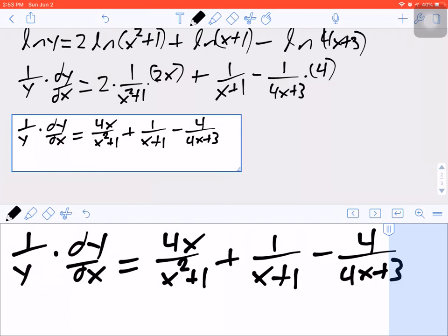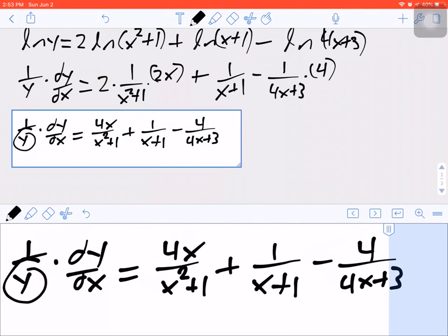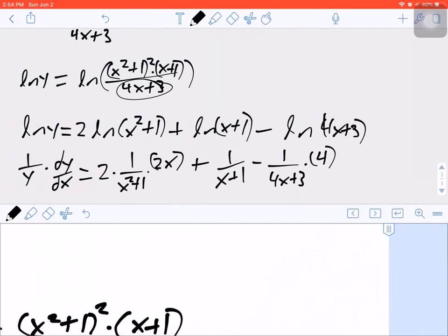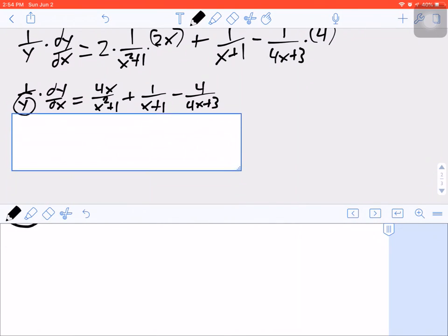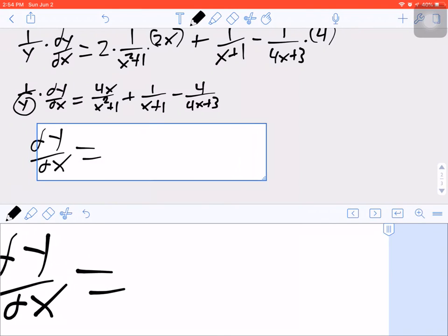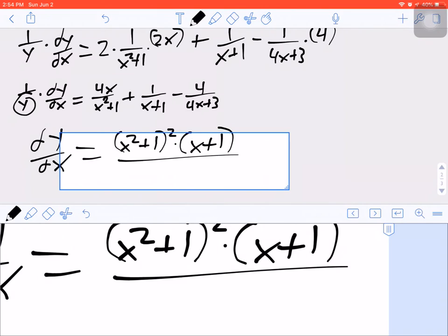So we just simplify that out a bit, and now again we're going to have to multiply by this y here to isolate the dy dx, and we can substitute y with this giant equation, (x squared plus 1) squared times (x plus 1) over (4x plus 3). So we just substitute that in when we multiply it over. So we're bringing it over, (x squared plus 1) squared times (x plus 1) over (4x plus 3).